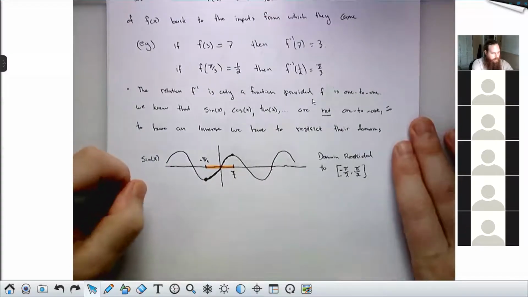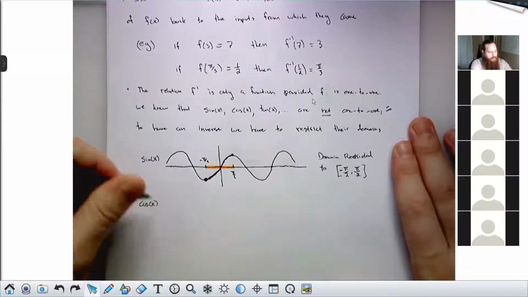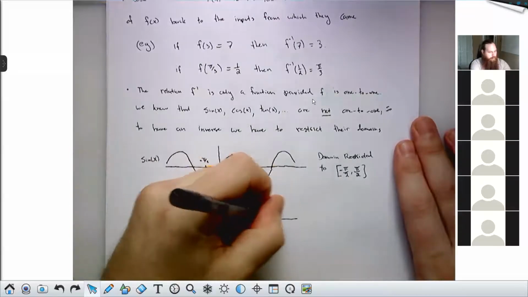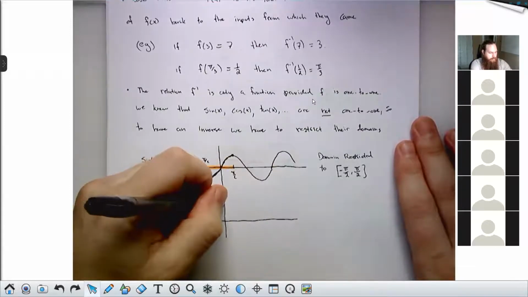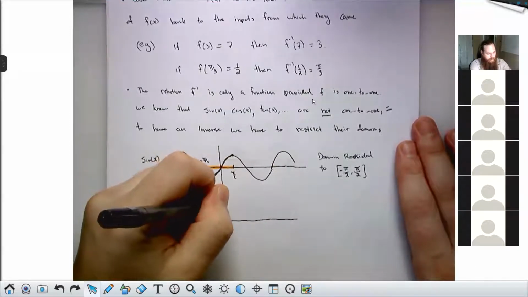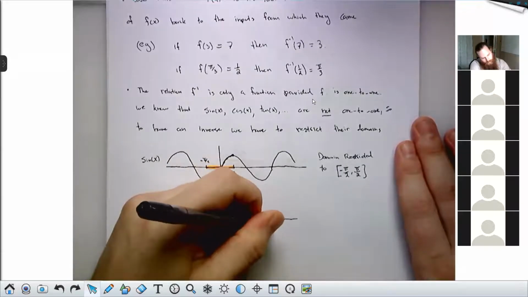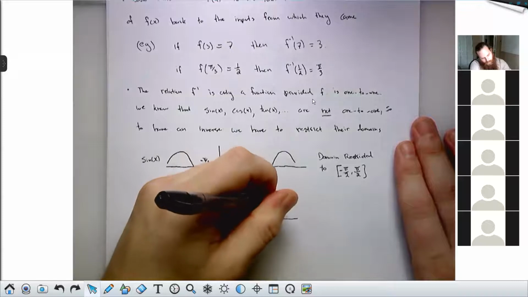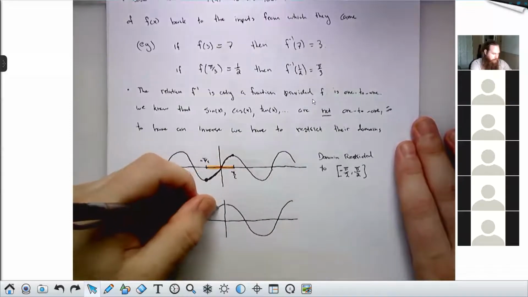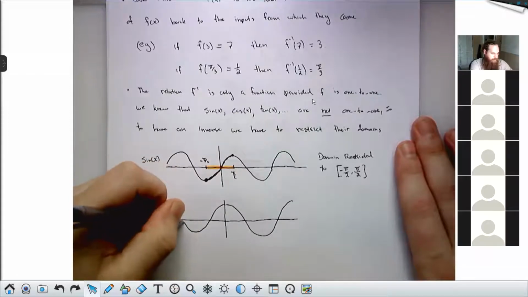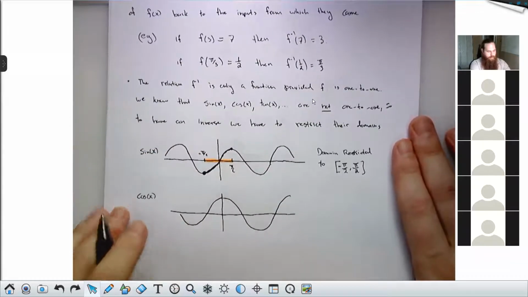The cosine function looks a little bit different. We can't get away with the same domain restriction for it. It looks like this. All right, here's cosine.